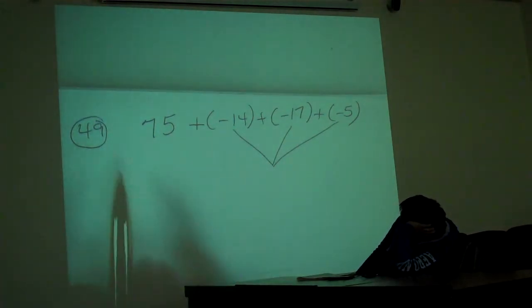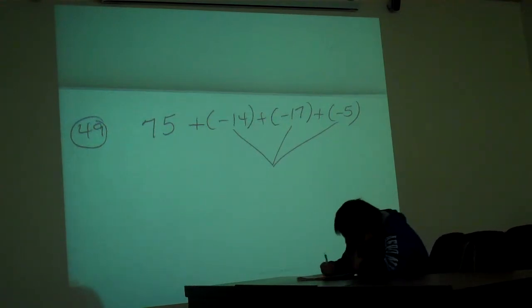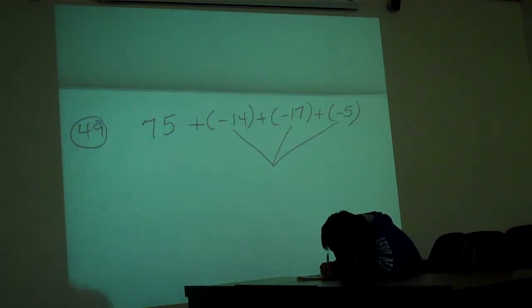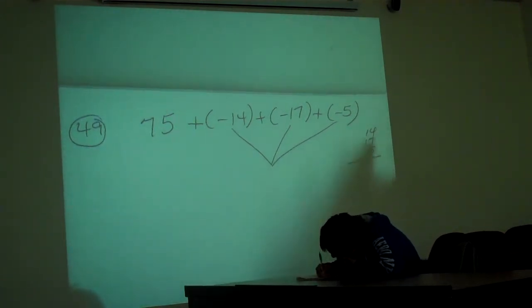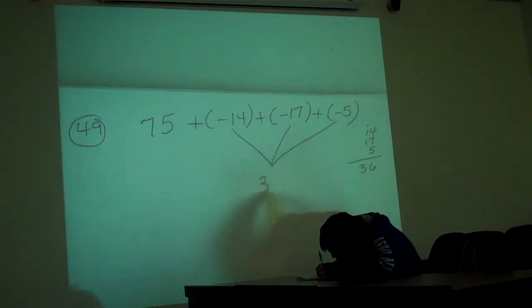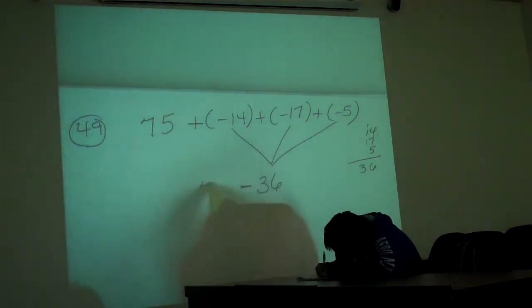So when you have a big string of them that's just all add and subtract numbers, get all your negatives together, add them up. So you got 14, 17, and 5. So that's $36 in bills. There's 36 negatives there and 75 positives.